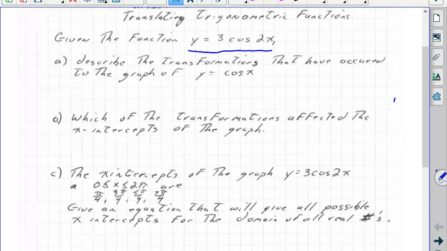So vertical stretch, vertical stretch is 3 in the x-axis. And what's the second one, Chloe? Horizontal stretch by a half.